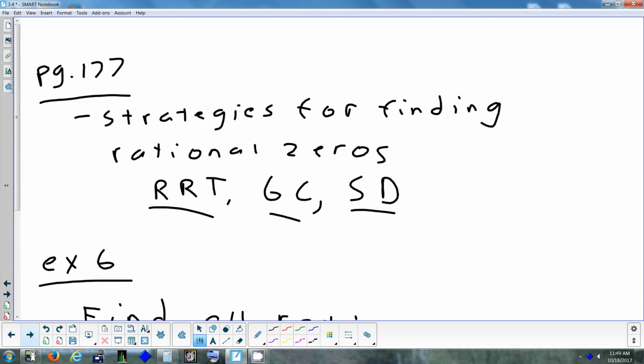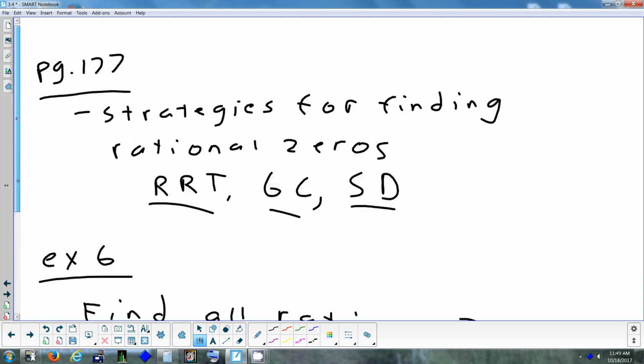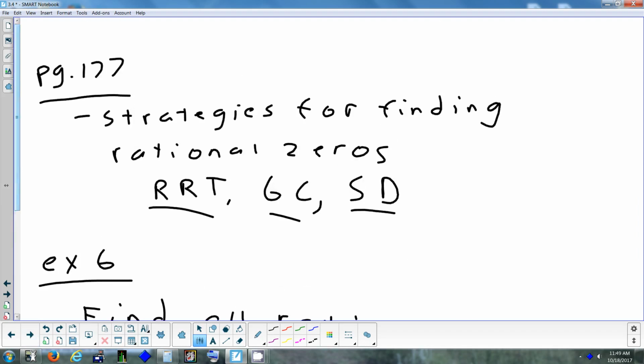Okay, so if they give you a problem and they say, find all the zeros, generally the strategy, the order of things to do, is what we learned. Start with the rational root theorem, make a list of possibilities. That first problem that I gave you to do rational roots on was a lot of possibilities. In fact, no problem that I give you for the rest of today or on the test will ever have as many possibilities as the first one.